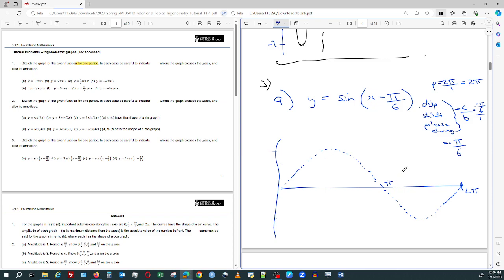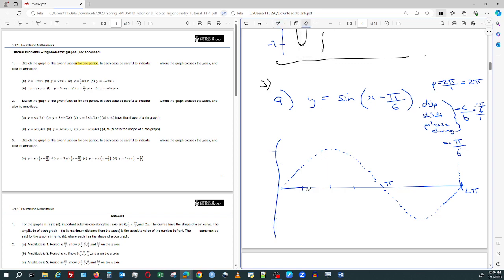Now, two things. The period is 2 pi, so it's a match. We're going to finish at 2 pi, except that it's not 2 pi, it's pi on 6. So how do we do that? Here's pi. Let's divide it into halves, 1, 2, 3, 4. Well, that didn't work. Halves again will give me 8. That's no good.